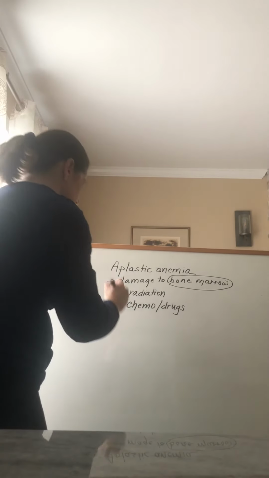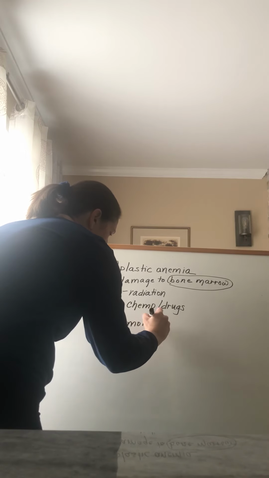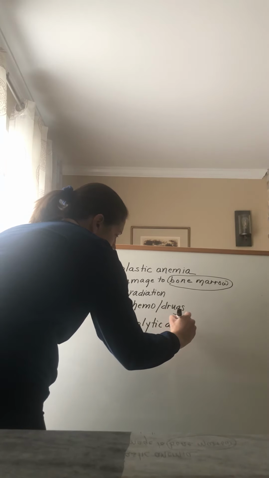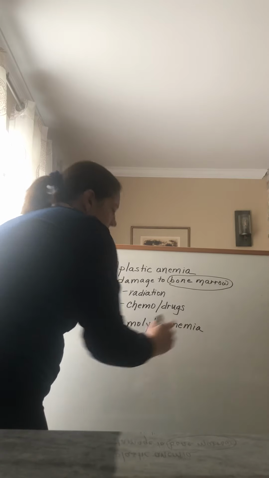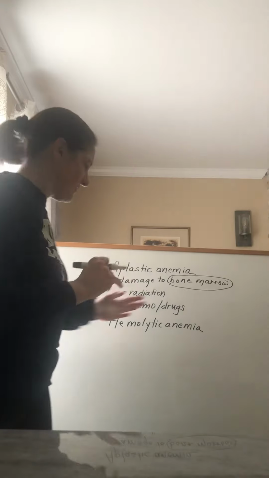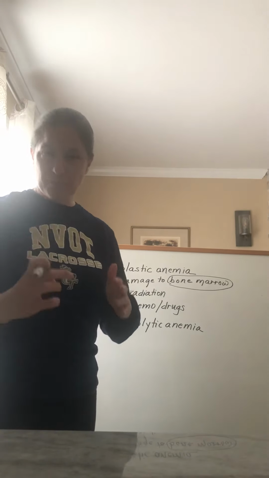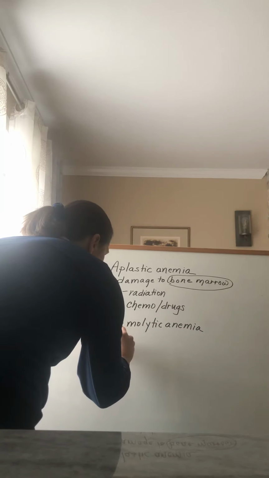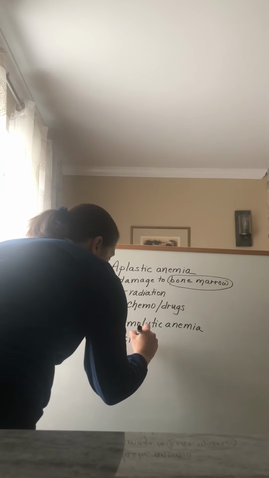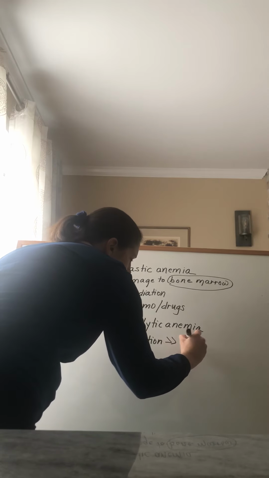Okay, another example is hemolytic anemia. And again, it's not so much that the erythrocytes are compromised. In the case of hemolytic anemia, the cells are being destroyed faster than they're being replaced. Okay, so destruction and breakdown of the red blood cells is greater than replacement.